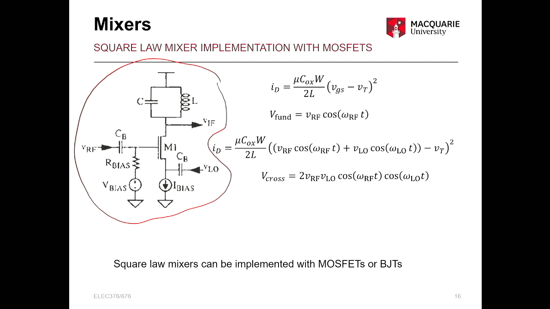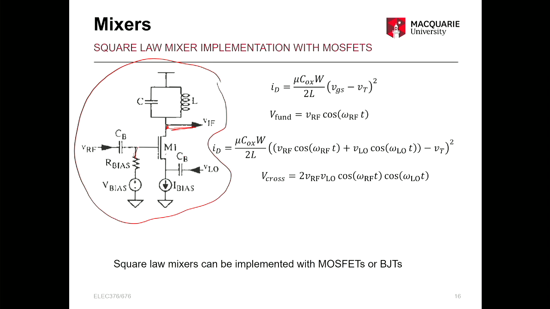It's a MOSFET here called M1, and that is biased using this gate resistor and V bias, which is a DC bias, and the output is taken at the drain. This is a constant current bias, so I bias is a constant current flowing through that, which makes the MOSFET on.